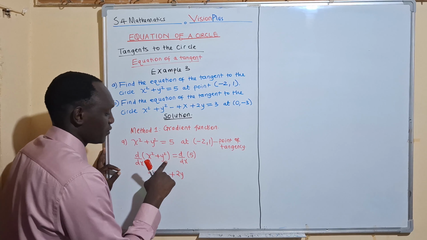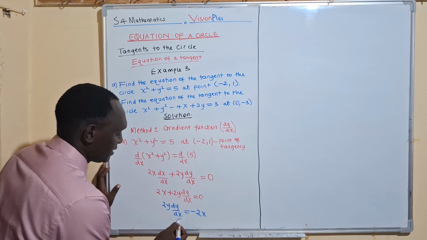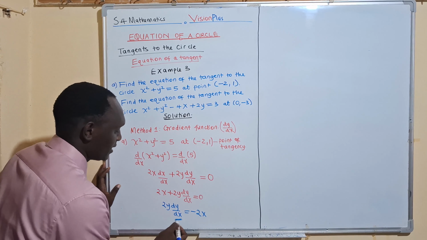That means here, I'm going to carry 2x that side, so that here I'm left with 2y dy/dx equals -2x. But I'm making dy/dx the subject. That means, therefore, dy/dx equals -2x out of 2y. It's just a matter of dividing both sides by 2y, and then you arrive at that expression.